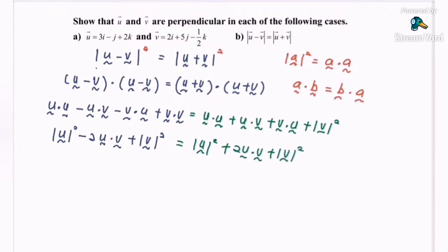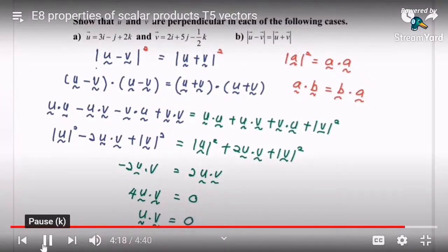Simplify the situation, and finally we will have negative 2U dot V is equal to positive 2U dot V. Rearrange the situation, and we will have 4U dot V, which is equal to 0. Simplify the situation, U dot V is equal to 0.